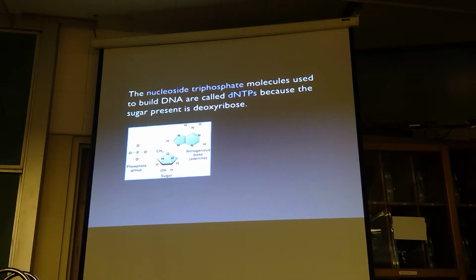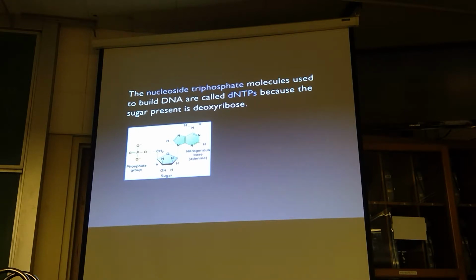So DNA, or I should say the nucleotides that are used to build DNA, are abbreviated dNTP. The small letter d stands for deoxyribose, so that you know what the sugar is. So a dNTP is a nucleotide used to build DNA. If you were making RNA, that NTP would be preceded by the small letter r, rNTP.